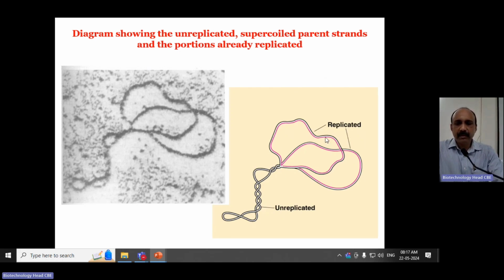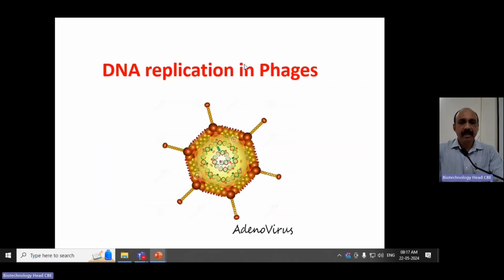When the two molecules, the catenanes, are replicating together, there will be formation of supercoils behind where it is being replicated. Each time it progresses, the topoisomerases break either the single strand or both the double strands and release all the supercoils behind.